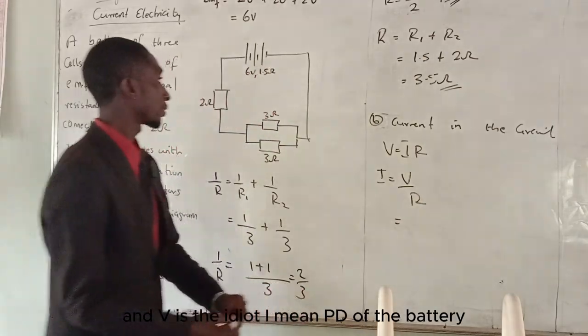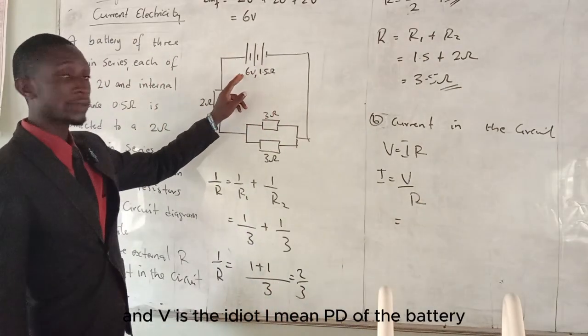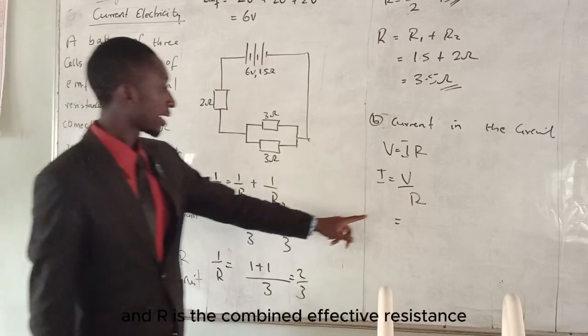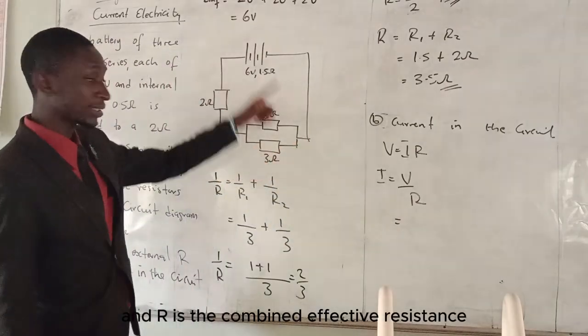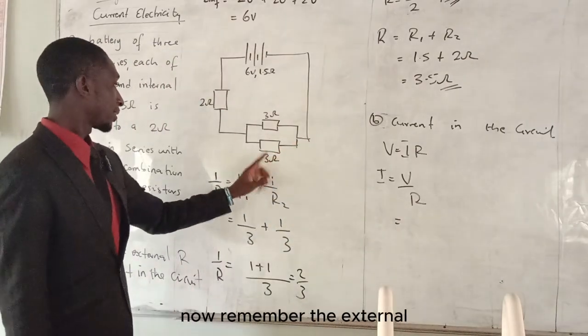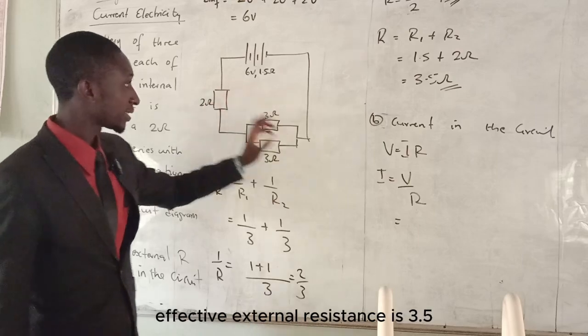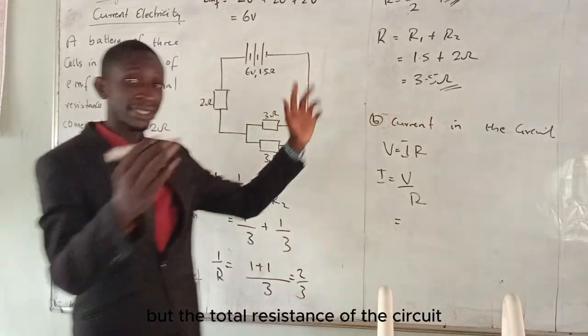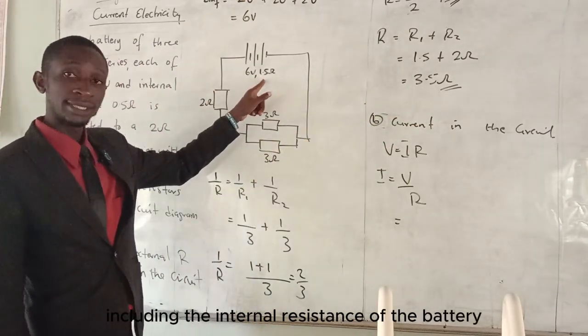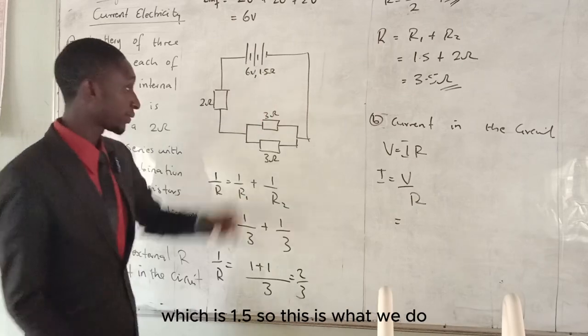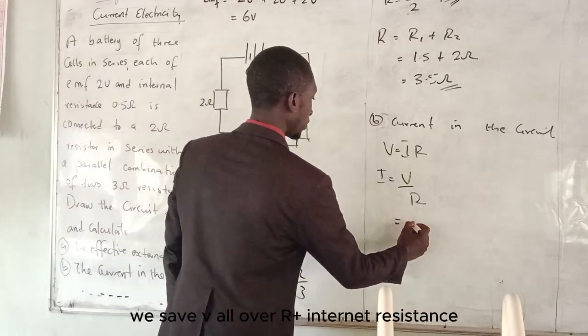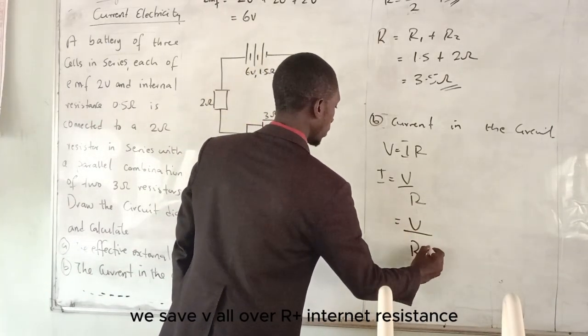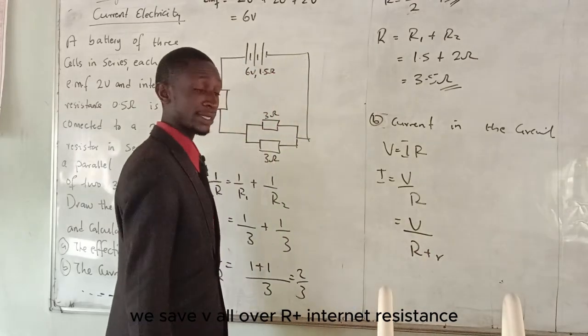And V is the PD of the battery, which is 6 volts. And R is the combined effective resistance. Now remember, the effective external resistance is 3.5, but the total resistance of the circuit includes the internal resistance of the battery, which is 1.5. So this is what we do. We say I equals V over R plus internal resistance.